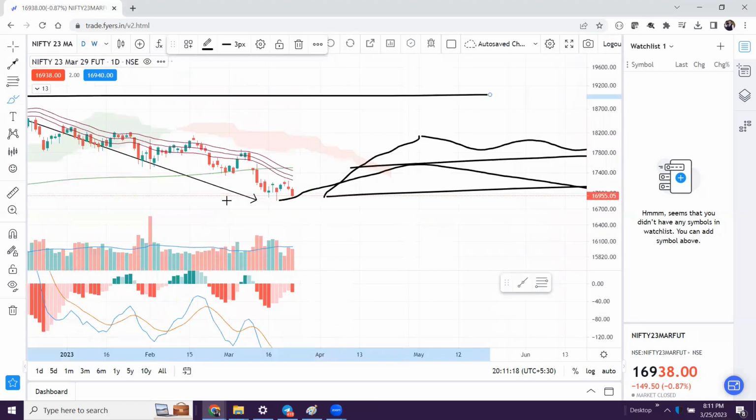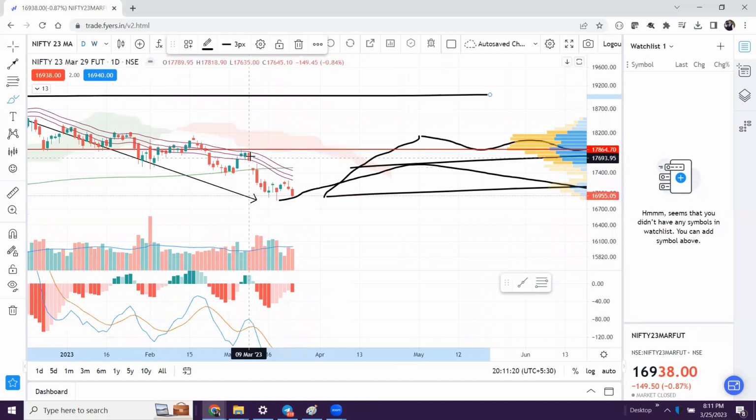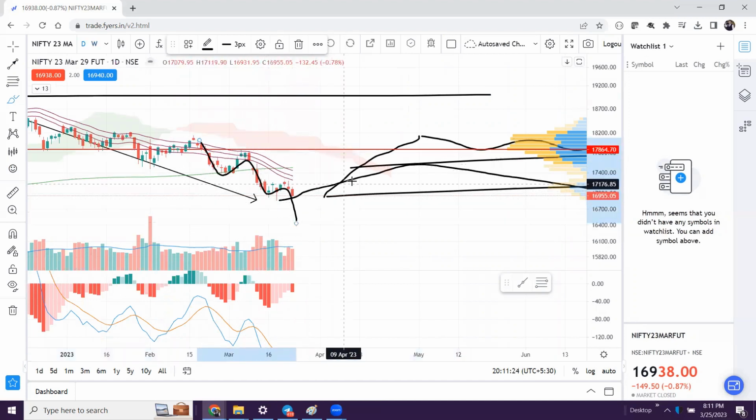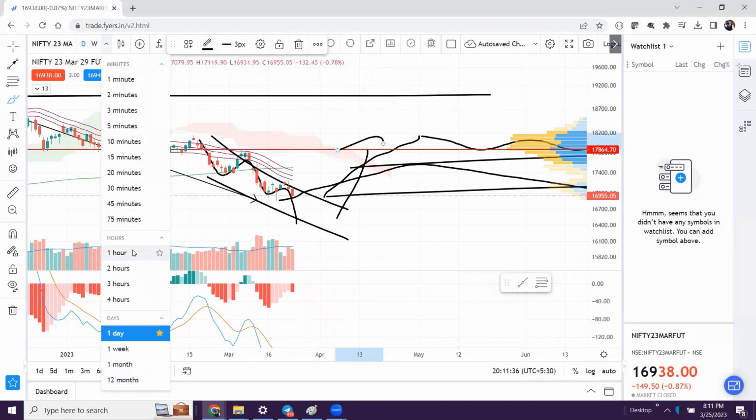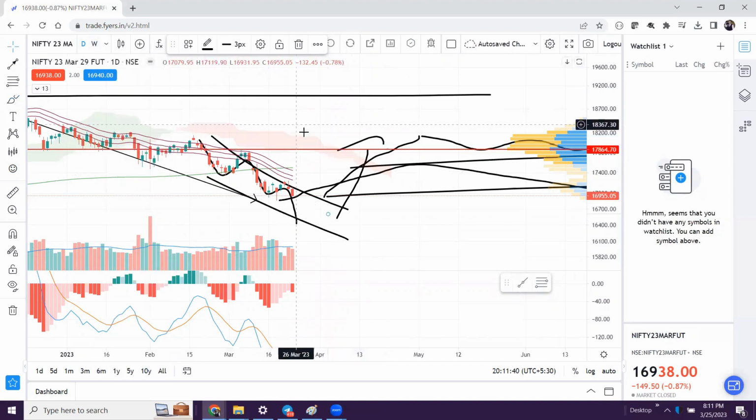But in both cases, after this down move is over, we are expecting a little upside in this. And so probably let us wait for divergence to appear or any trend line to break on the upside for the daily time frame. And now let us see this analysis.